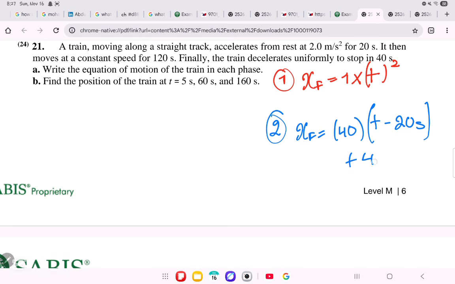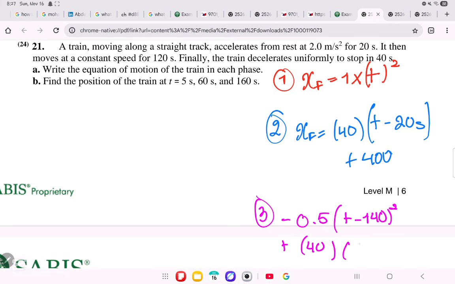And then for phase 3, let me change the color. I would get it to be minus 0.5 times time minus 140 seconds squared plus v initial 40 times time minus 140, so v initial times time, plus x initial, which was 5,200.